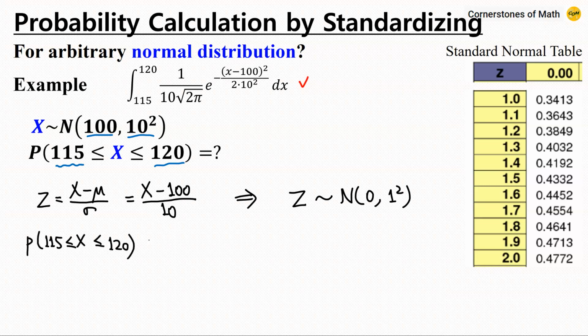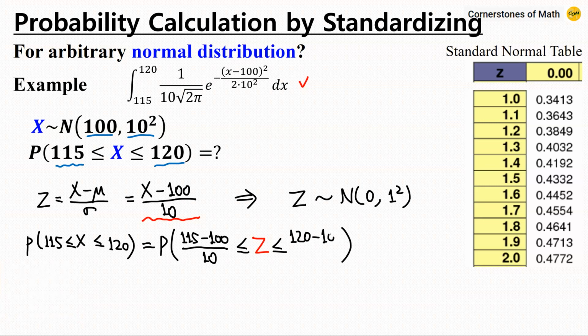Then this probability is equal to the probability of the random variable z, defined as this, having values greater than or equal to (115 minus 100) over 10, and less than or equal to (120 minus 100) over 10. So we have the probability of z having values between 1.5 and 2.